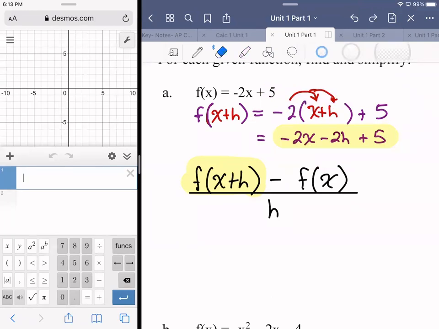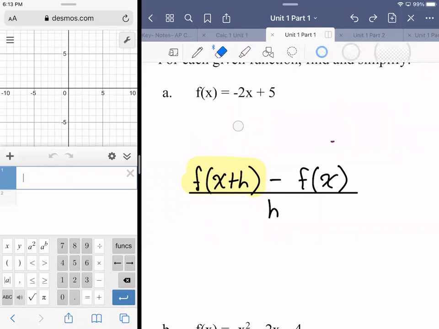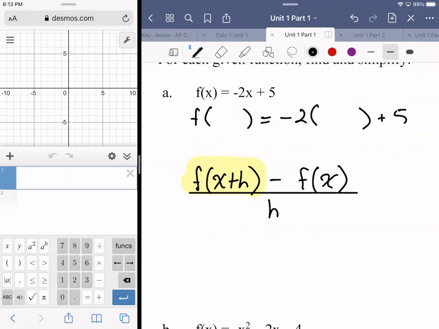Yeah, so what I did is I took the original function and rewrote it, omitting all of the x's. Instead of the x's, I left an open set of parentheses. When I'm looking for f of x plus h, all I'm doing is replacing each x in the original function with an x plus h.